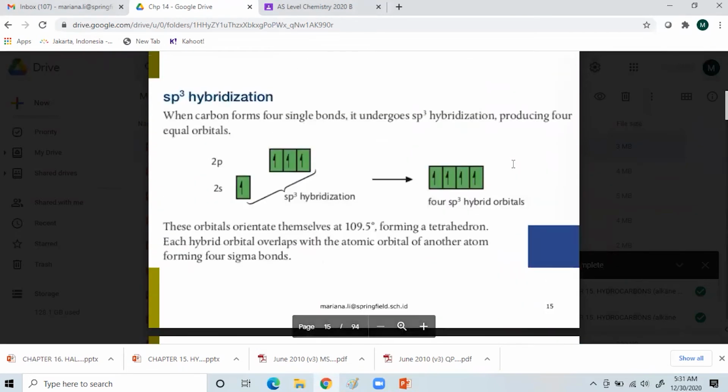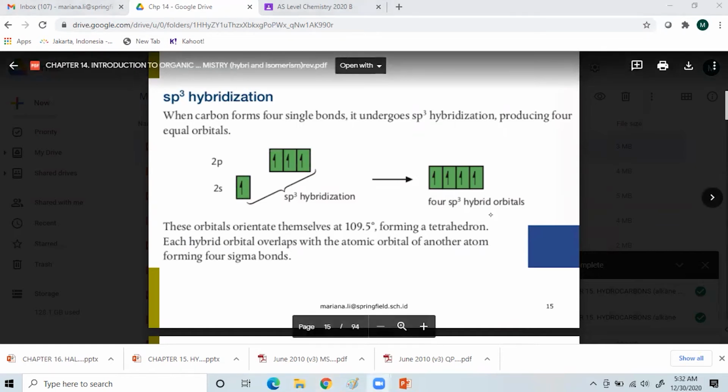This is sp3 hybridization. One s combines with 3 p orbitals to form sp3 hybrid orbitals. This occurs in methane. The s orbital is shaped like a sphere, and the 3 p orbitals have the shapes px, py, and pz. They combine together to form tetrahedral hybrid orbitals.